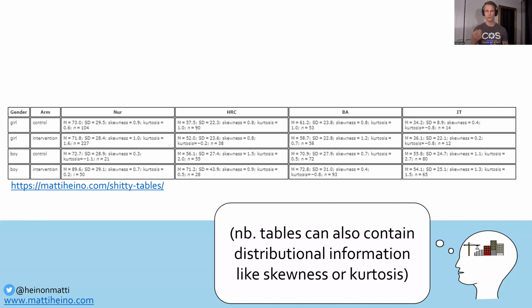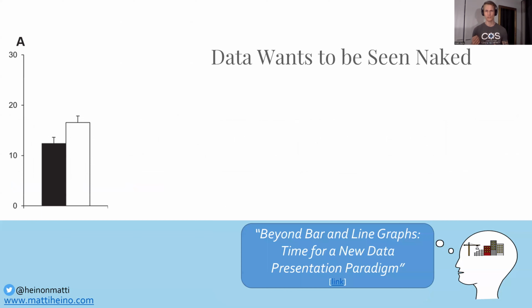But what I would want to do is actually present the data. This is something that's been much discussed, but I wanted to introduce you to this idea.